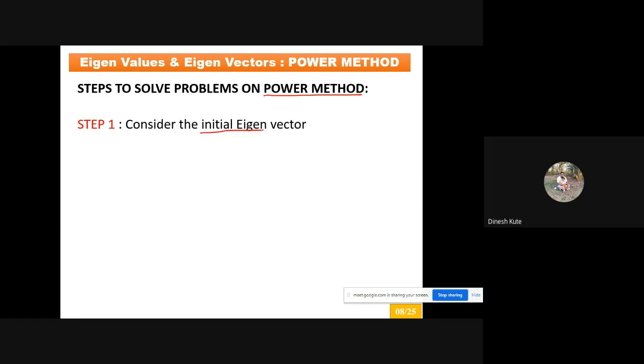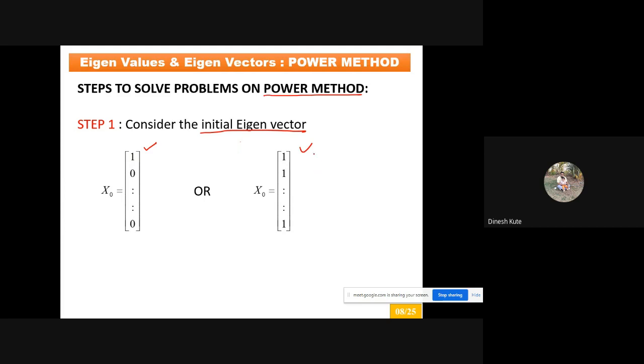In numerical methods, all iterations start with some initial approximation or initial condition. So in the first step, you have to consider an initial eigenvector. Mostly we prefer the initial eigenvector to be 1, 0, 0, where the first element is 1 and the other elements are 0, or all elements to be 1. In most examples, we prefer this initial eigenvector.